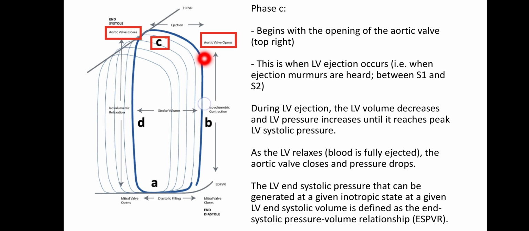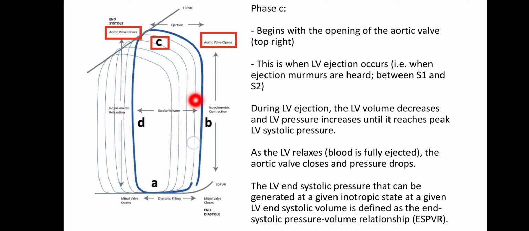That is shown by the decrease in the volume, horizontal deviation from this point to this point. The LV volume decreases from LV end diastolic volume to LV end systolic volume. This volume goes into the aorta during the ejection phase.